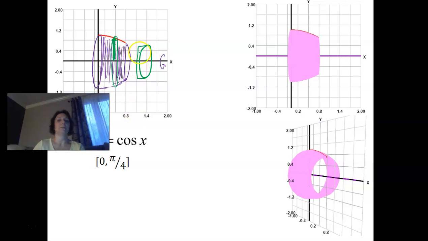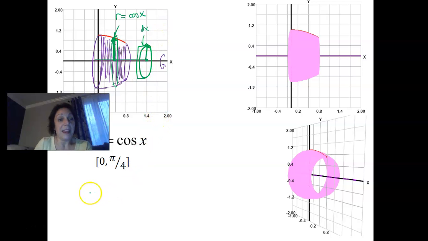There's my cylinder, right? World's worst cylinder. The thickness is dx. And my radius of this cylinder, the distance from the axis of rotation, so this outer edge, is just, over here, my function. So my radius is just cosine x.